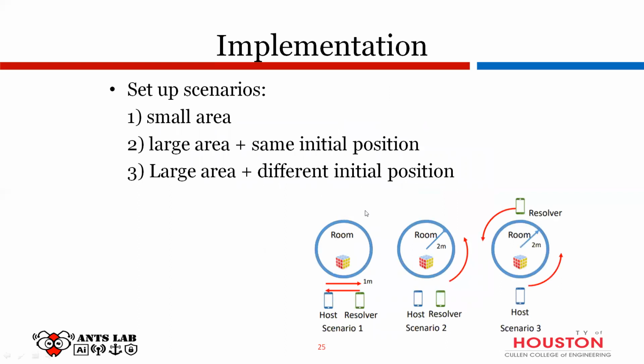So your object moving speed is 2 meters per second? They didn't say that. So what does the 2 meters mean? It means the range that the hosts and resolvers can move around. Compared to the initial distance, the relative position, they move within 2 meters.